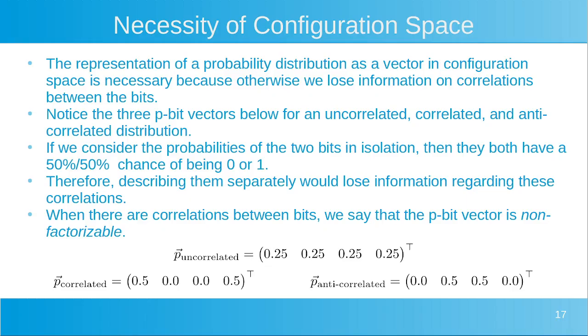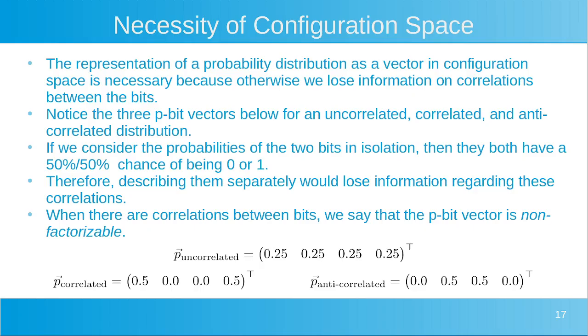So if you just describe them individually as 2 separate p-bit vectors, they would both just have 0.5, 0.5 as their 2 elements. And so if you describe them separately like this, then you lose the information regarding the possible correlations they might have between each other. So when there are correlations between the bits, we say that the p-bit vector is non-factorizable because you can't break it out into separate p-bit vectors without losing information on those correlations.